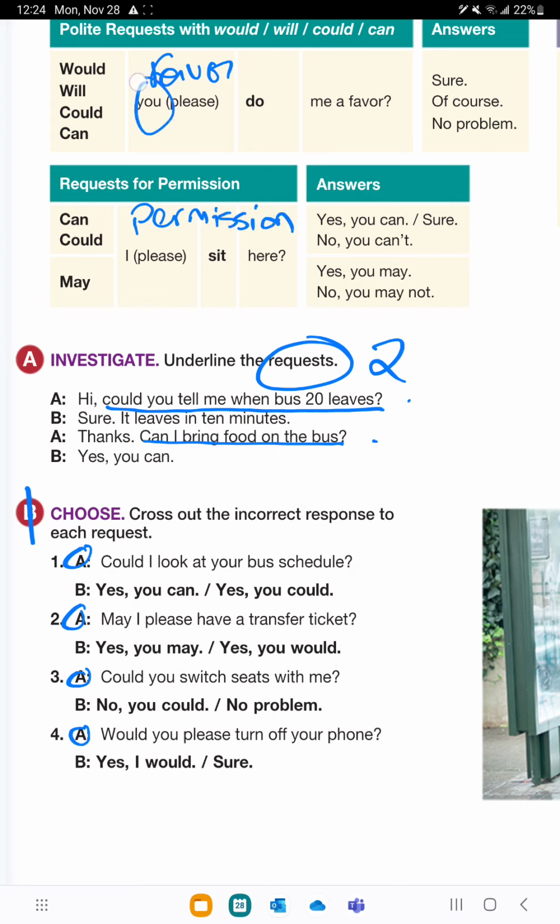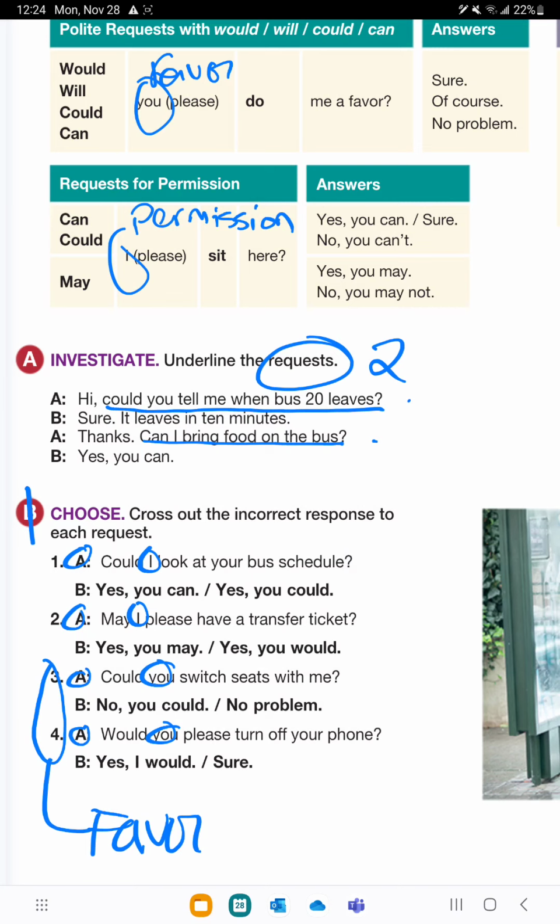And we know that by looking at our subject. So let's look at our subject. So could I, may I, could you, would you? So we already know the yous are all favors. So we know that 3 and 4 are favors because we're asking you to do something for me. And we know that 1 and 5 are permission.